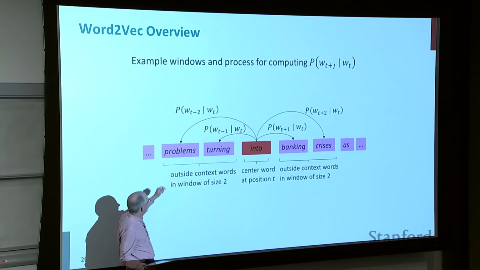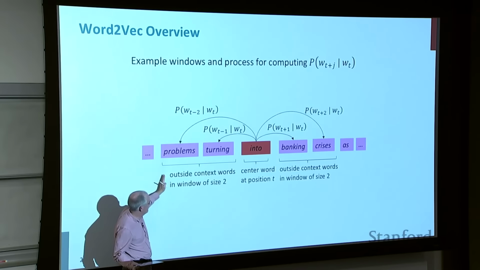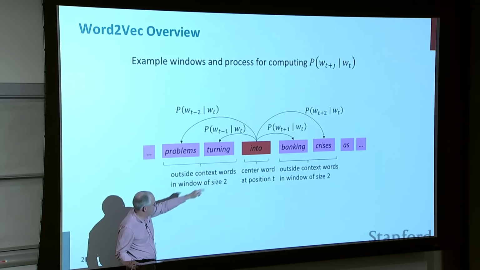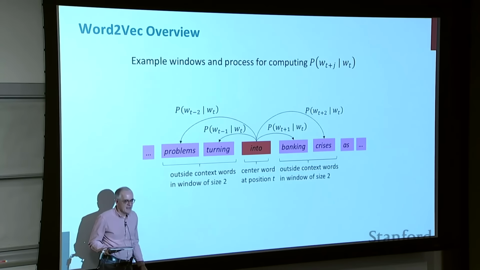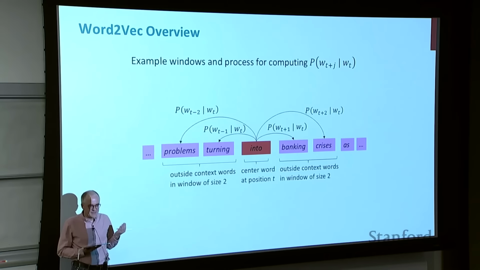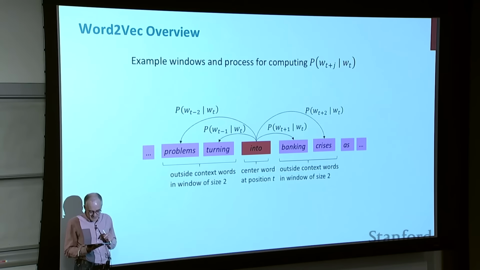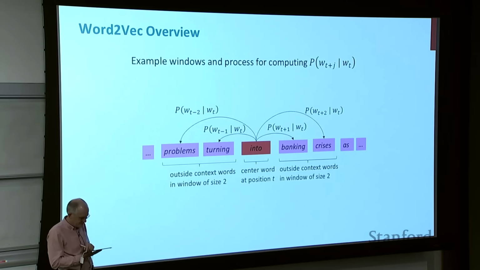And I'm going to do that for each word in a narrow context. In the example here, I'm using 2 words to the left and 2 words to the right. What I want to do is make those probability estimates as good as possible. In particular, I want the probability of co-occurrence to be high for words that actually do occur within the nearby context of each other.